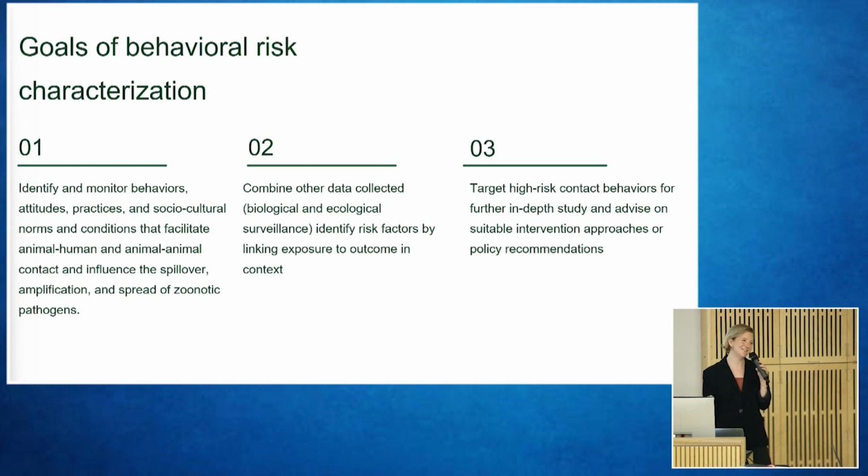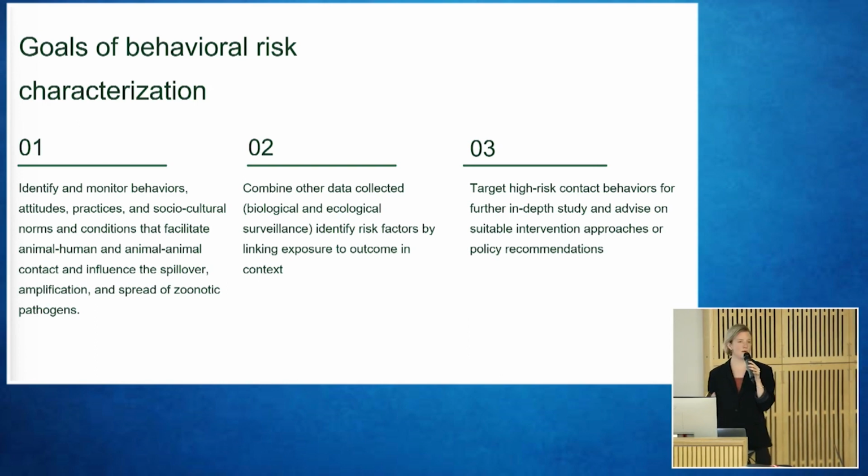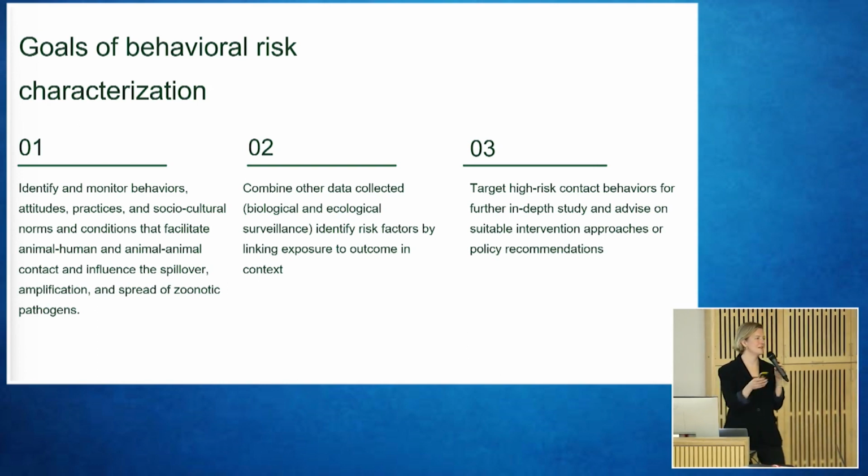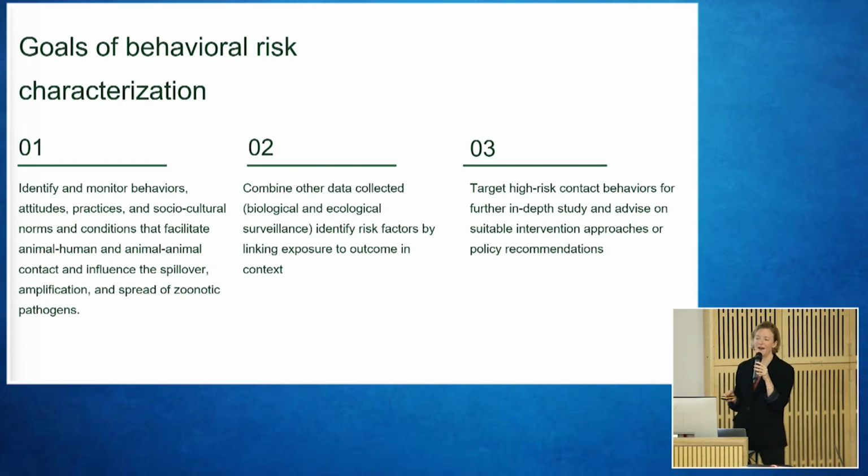And that's really where it gets fun. That's where it gets most collaborative in nature, and the data gets more and more powerful as you combine it with these concurrent sampling efforts. And then the third element is taking this data and targeting high-risk contact behaviors for further in-depth studies or to advise on intervention or policy, depending on your results and where you can make most impact.